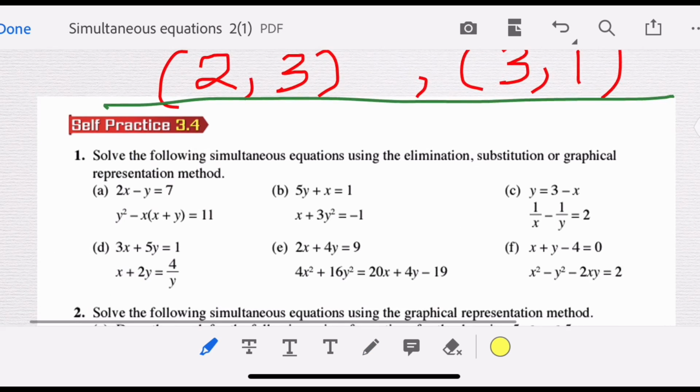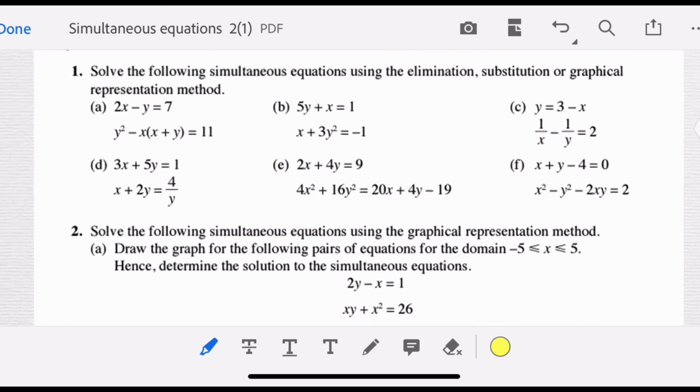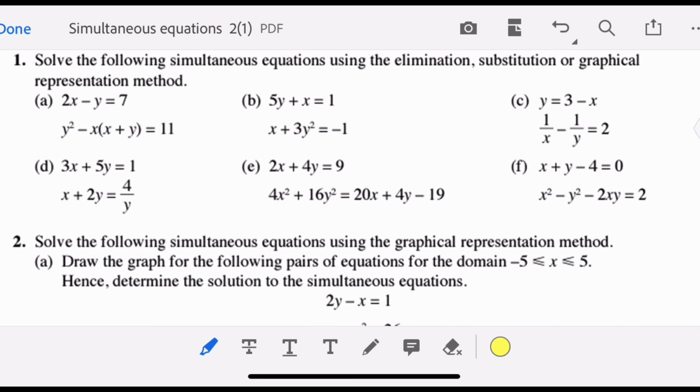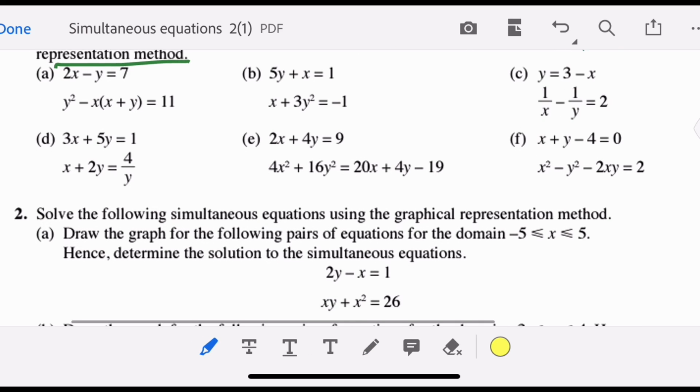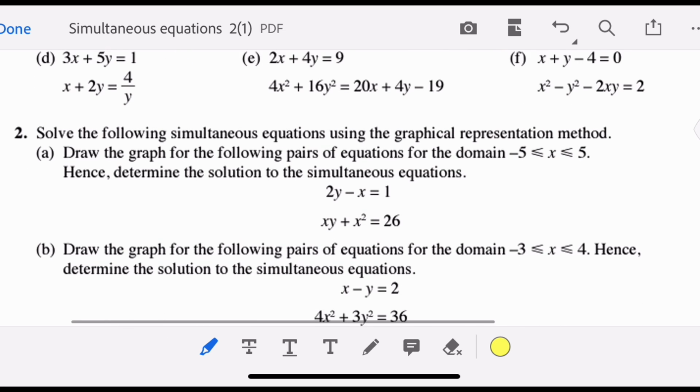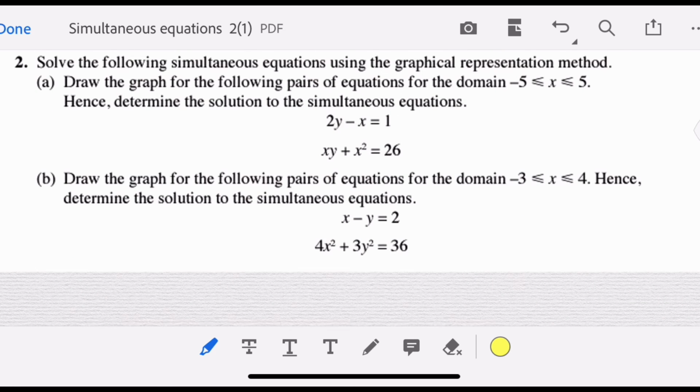So here we have quite a few simultaneous equations. You can use elimination, substitution, or the graphical representation method to solve. So I'm going to discuss one or two questions for this one.